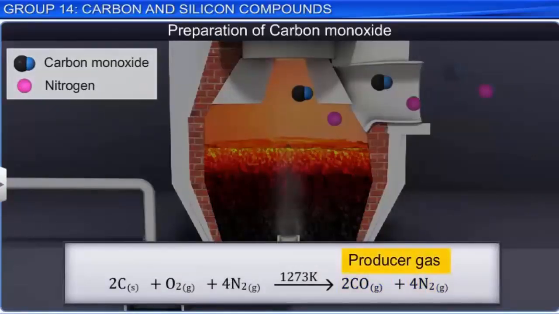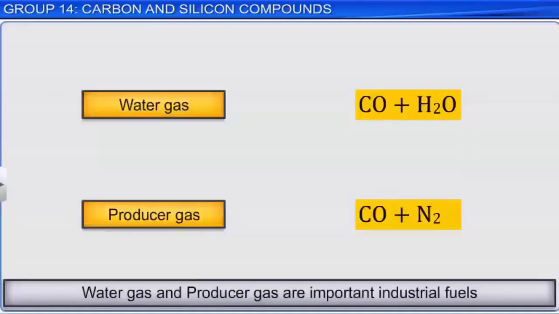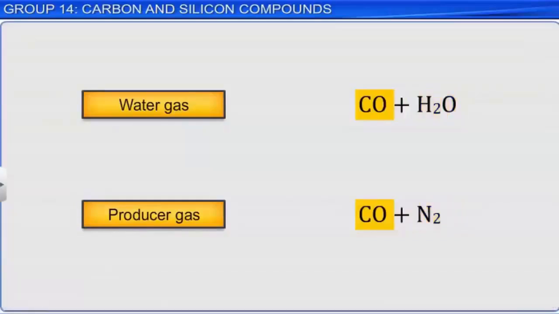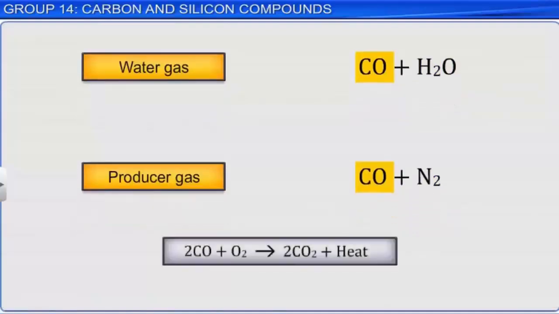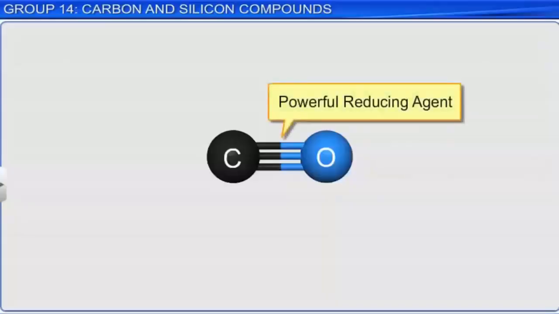Water gas and producer gas are important industrial fuels. The carbon monoxide in these mixtures can undergo further combustion. This produces carbon dioxide and liberates a great amount of heat. Carbon monoxide is a powerful reducing agent.